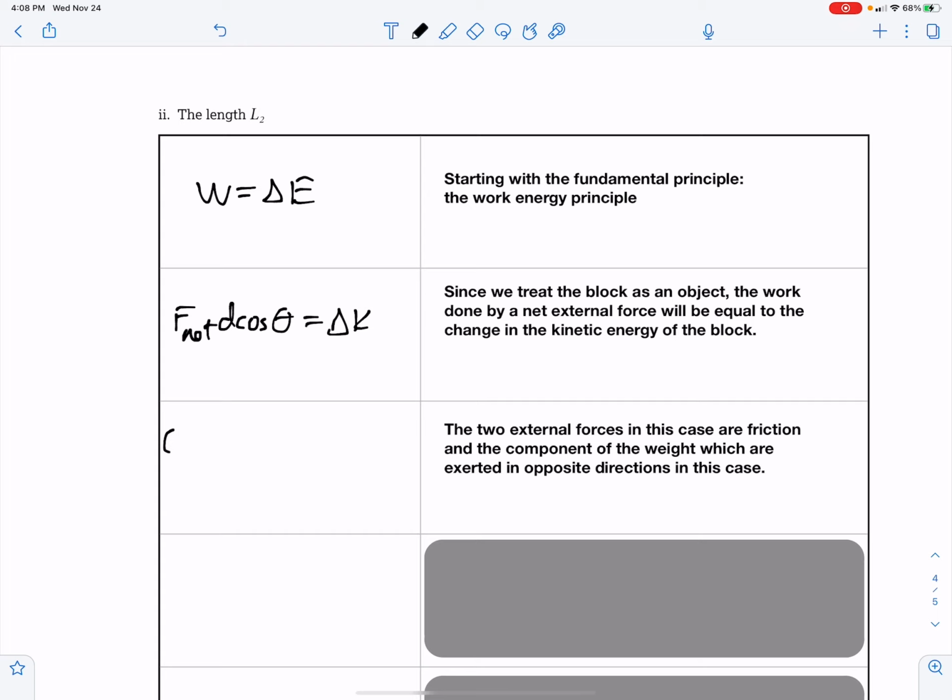Instead, the net external force would be mg sine theta going downhill, that's the causing force, minus friction, times L, cosine of 180, equals one half mv squared minus 1/2 mv naught squared.